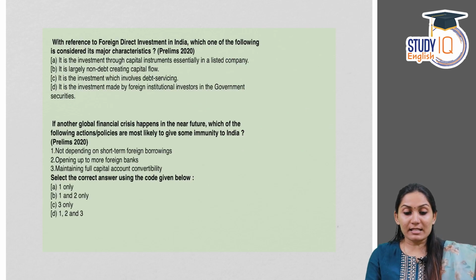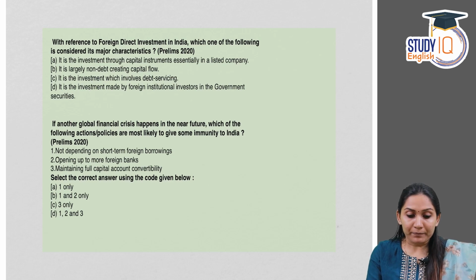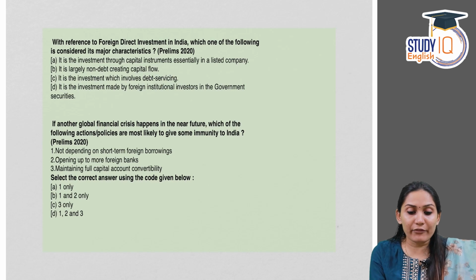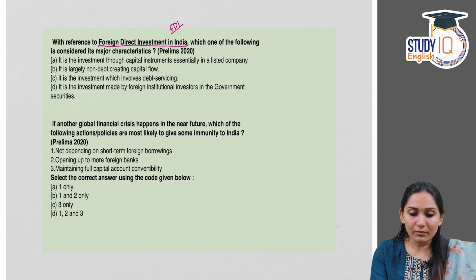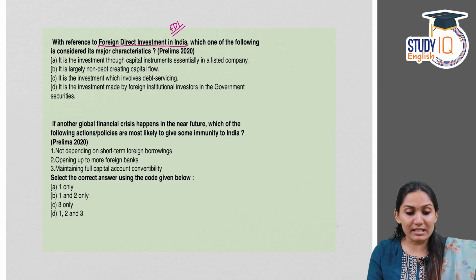Now we will discuss the previous year questions asked from the topic balance of payment. Both these questions were asked in Prelims 2020, and from them you will understand how important this topic is. This is actually an assignment for you as well to find out the answers. With reference to foreign direct investment in India, which one of the following is considered its major characteristic?